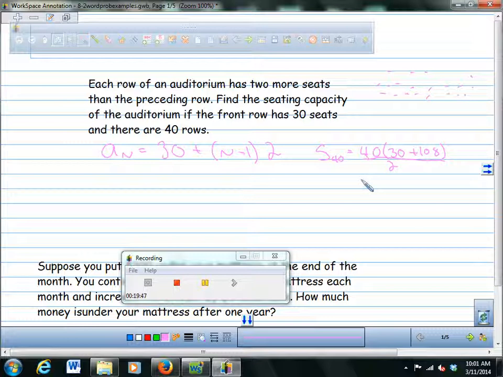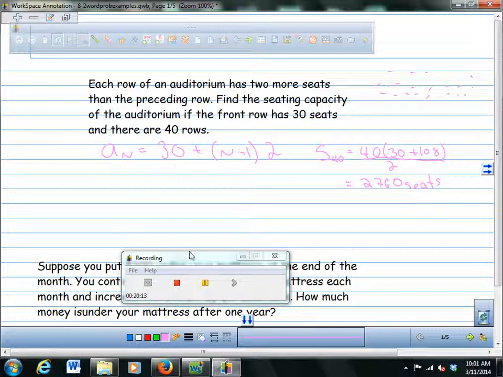What's 2 times 138? 276, and then add a 0 on the end for the 40. So there's 40 rows altogether, so there are 2,760 seats. Easy? Follow that?